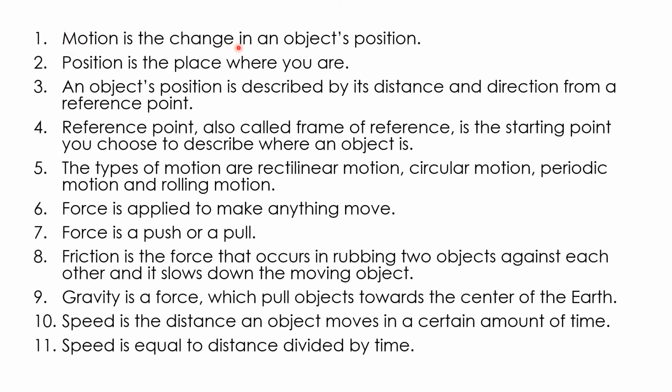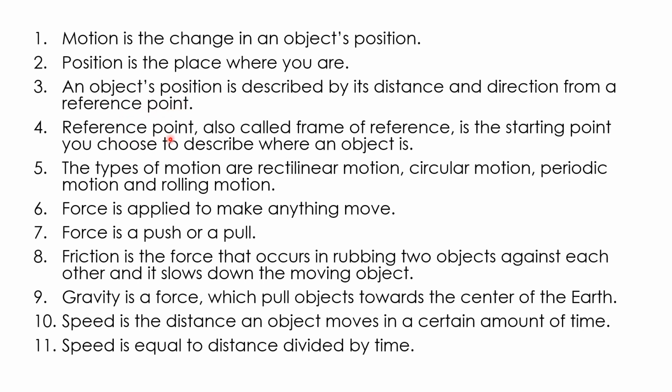Motion is the change in an object's position. So, if there is a change in position, there is a motion. If there is a movement, there is a motion. Position is the place where you are. An object's position is described by its distance and direction from the reference point.